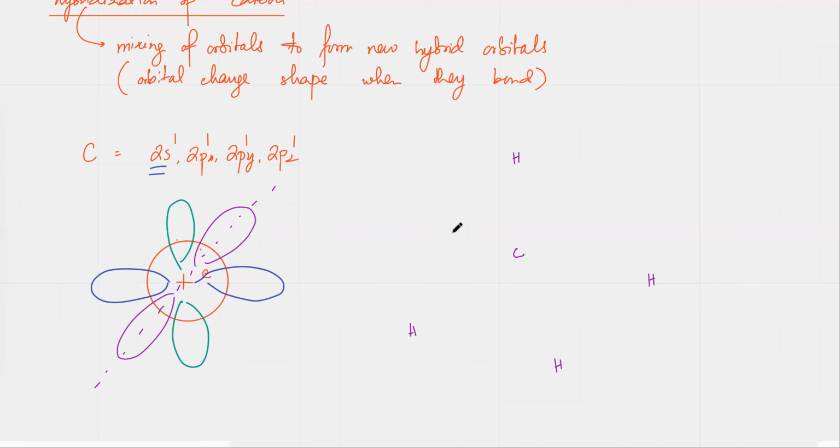So you've got 4 hydrogen atoms, and all of them need 1 electron. Carbon has 4 electrons in the middle, all buzzing around. It's like 4 flies flying around the carbon atom. But now, one of the flies gets attracted to one of the hydrogen atoms. The other one gets attracted to the second hydrogen atom. The third one gets attracted to the third hydrogen atom. And the fourth one is being pulled towards the fourth hydrogen atom. Is this idea clear so far?